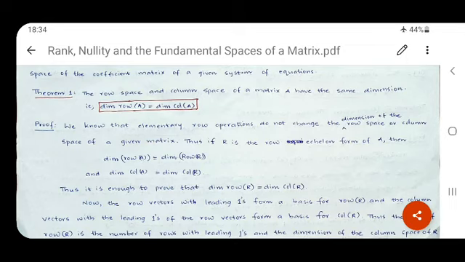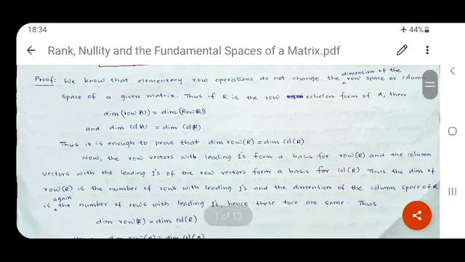Thus, if R is the row echelon form of A, then the dimension of the row space of A equals the dimension of the row space of R, and the dimension of the column space of A equals the dimension of the column space of R. So it is enough to prove that the dimension of the row space of R equals the dimension of the column space of R. Now, the row vectors with leading ones form a basis for the row space of R, and the dimension of the row space is the number of rows with leading ones.